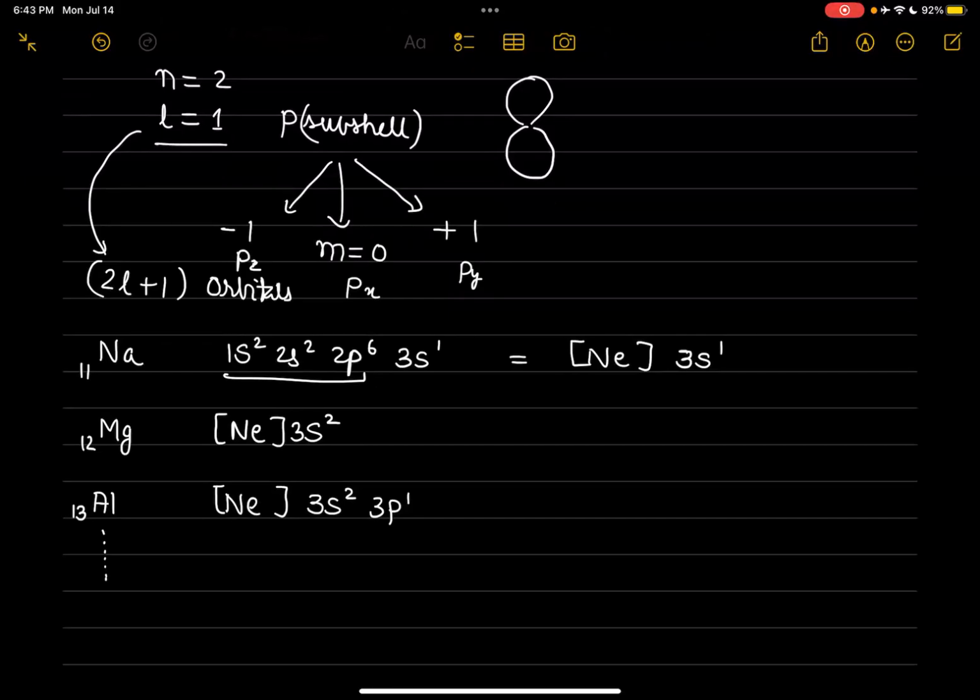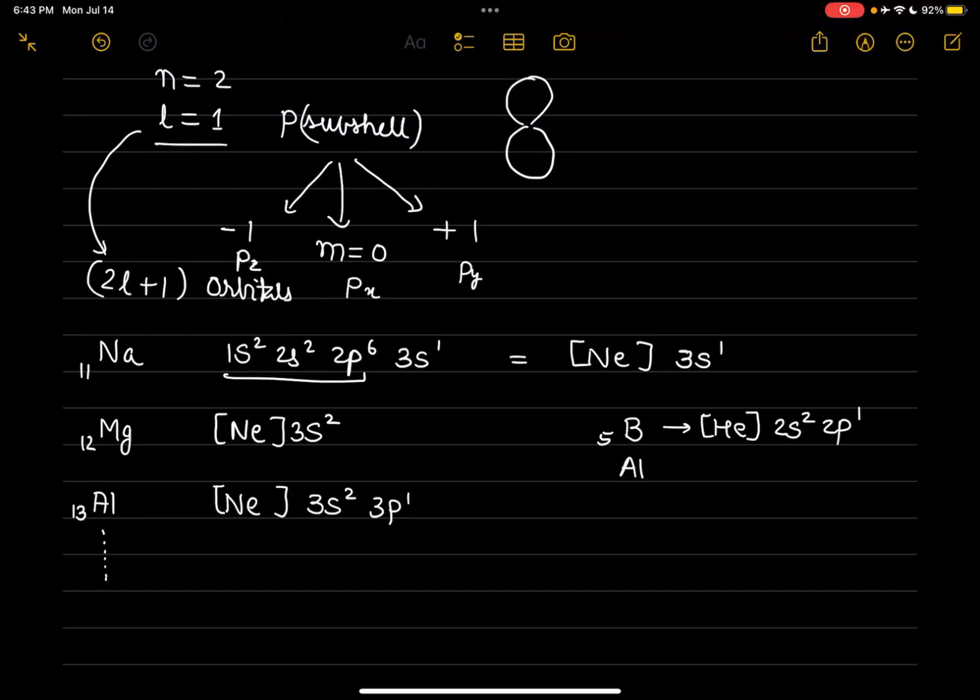If you compare the elements one below another, for example boron and aluminium, they are in the same group. Boron was helium, the fifth element, so 1s2, 2s2, 2p1.